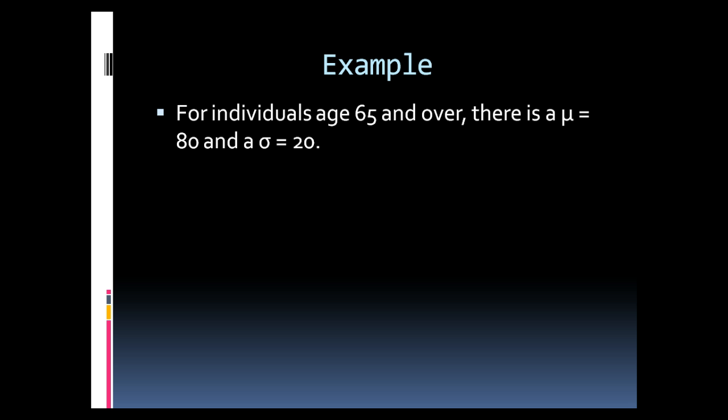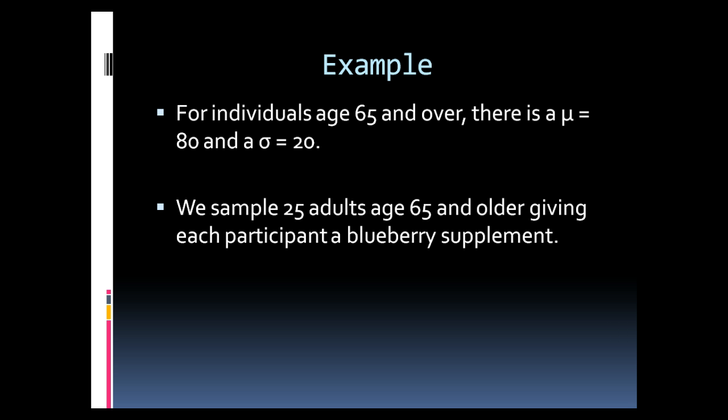So we have a sample of individuals, or actually, this is the population. For individuals age 65 and over, meaning it's been normed, there is a mu indicating a population mean equals 80, and a standard deviation, the lowercase sigma, indicating a standard deviation of 20. So these are the population parameters. And then we sample 25 adults age 65 and older, giving each participant a blueberry supplement.